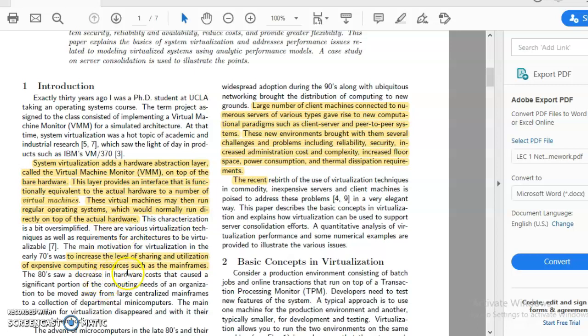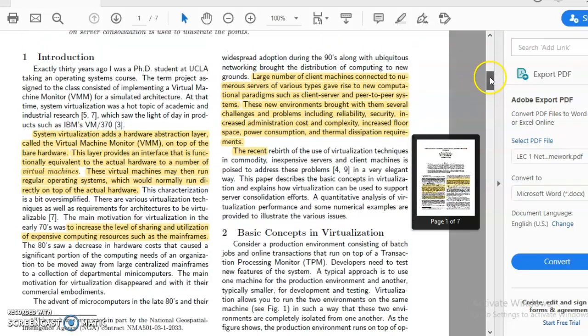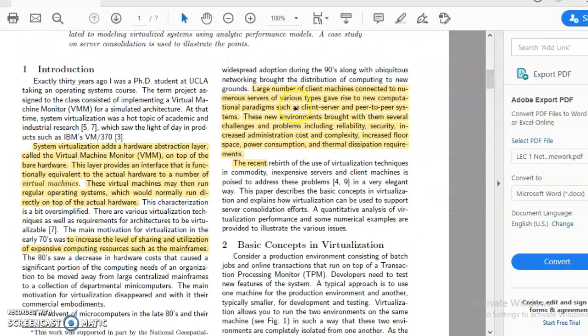Now the main motivation was to increase the level of sharing and utilization of expensive computing resources such as mainframes. That is how virtualization evolved. Now let us see next. A large number of client machines connected to numerous servers of various types give rise to computation paradigms such as client-server and peer-to-peer systems. This is how this originated.